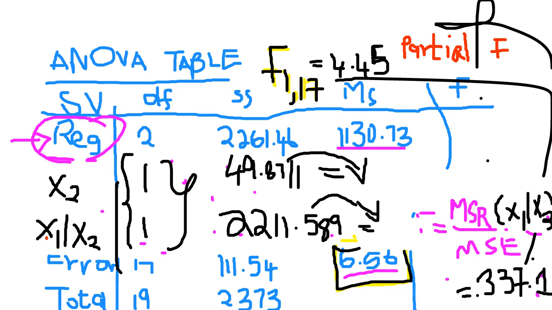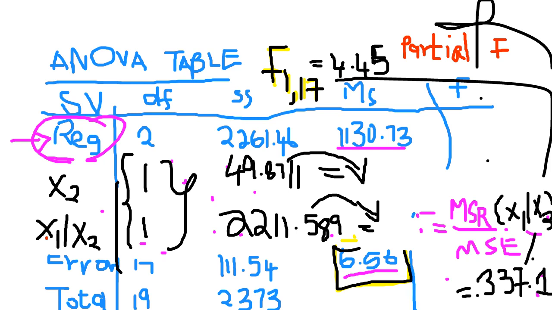They have rejected the null hypothesis, reject H0 at 5% level, and conclude that X1 does improve the model after X2 has been included.